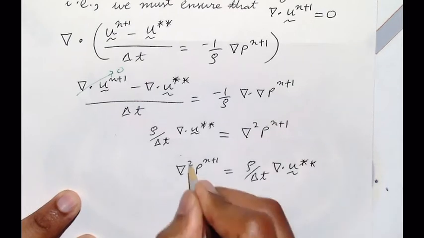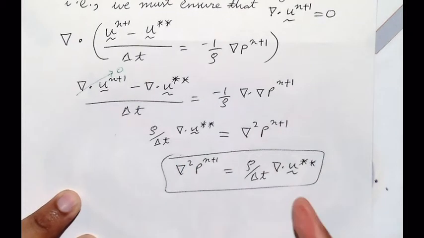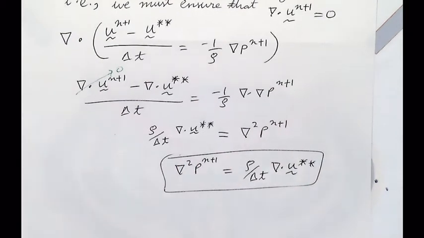So, will this term be 0 on the right hand side? Will this ∇·u be 0? Why not? It's incompressible flow. Can we say continuity for u star star?